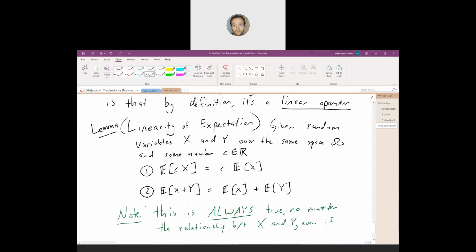Even if they are dependent. This is super nice. Independence is something that just makes all the math easy. When things are independent, math is easy to do. When you have events that are dependent, things get so complicated.